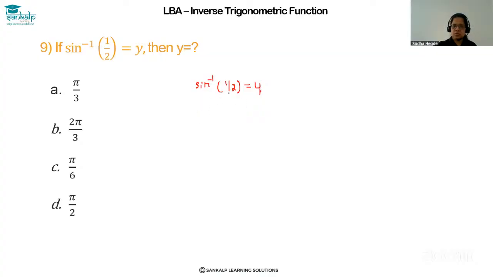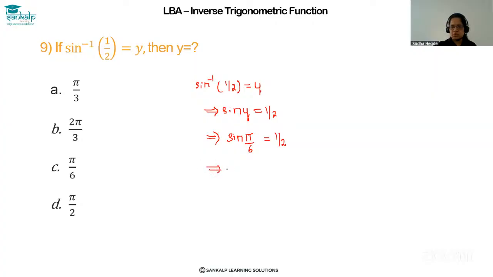So sine inverse 1 by 2 is equal to y implies you can write sine y is equal to 1 by 2. This implies for some value of y, you are going to get sine y as 1 by 2. What is that y? You know that sine 30 is equal to 1 by 2. Sine 30 means sine pi by 6 is equal to 1 by 2.